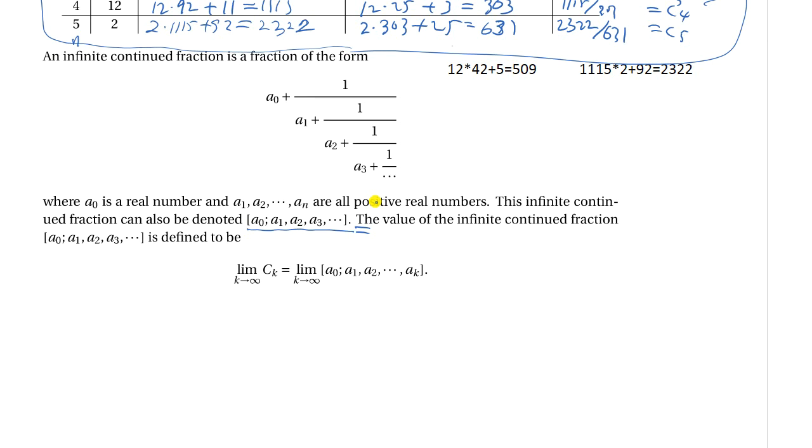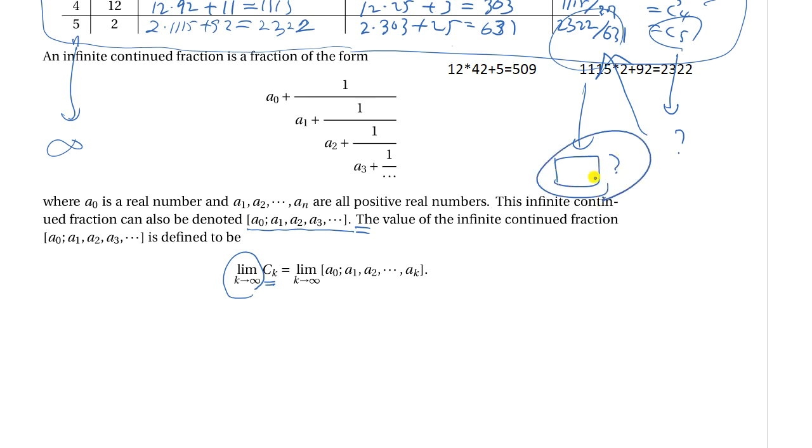We cannot use this table method anymore because it just keeps going. So we need to find a general rule for C sub k and take the limit of it. This C sub k goes forever, so where does it go when k goes to infinity? That should be the result of this. Okay, so that's the main concept here.